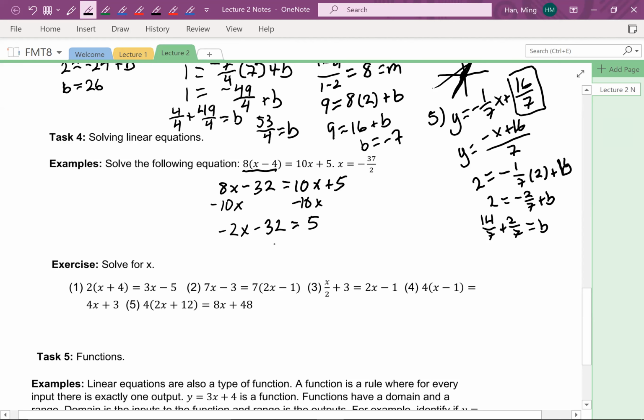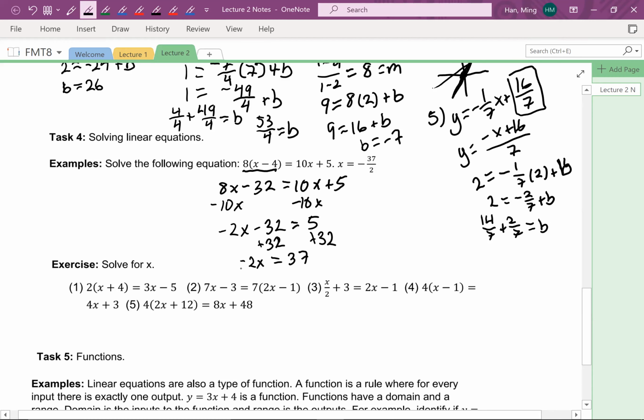And then we can add 32 to both sides so that we can isolate x, so that it's the only value on this side. So we add 32 to both sides and we end up with negative 2x is equal to 37.